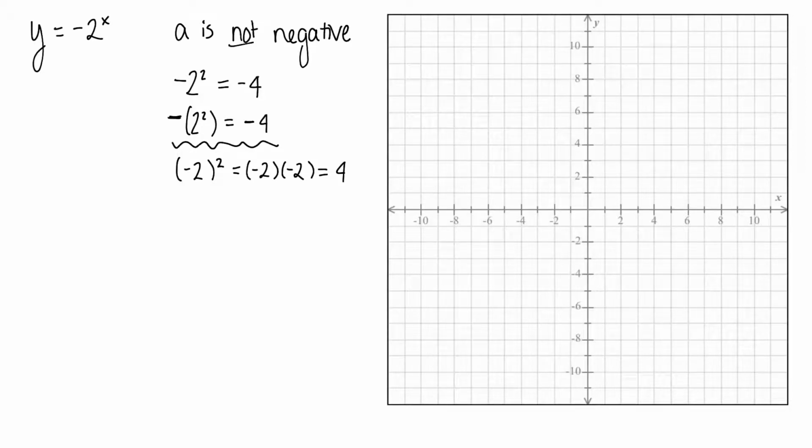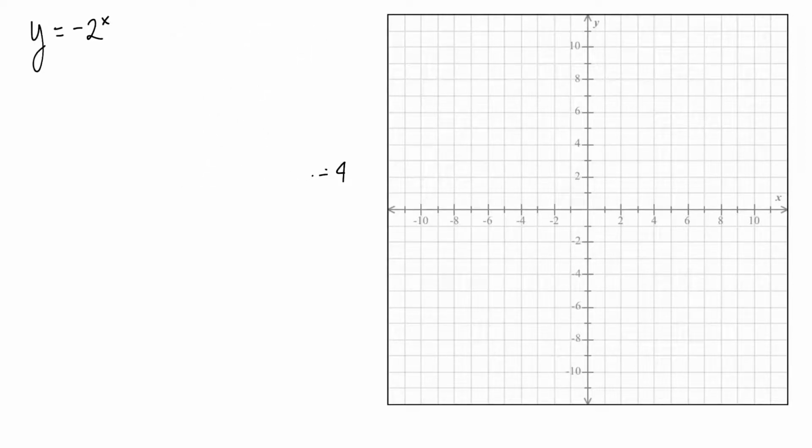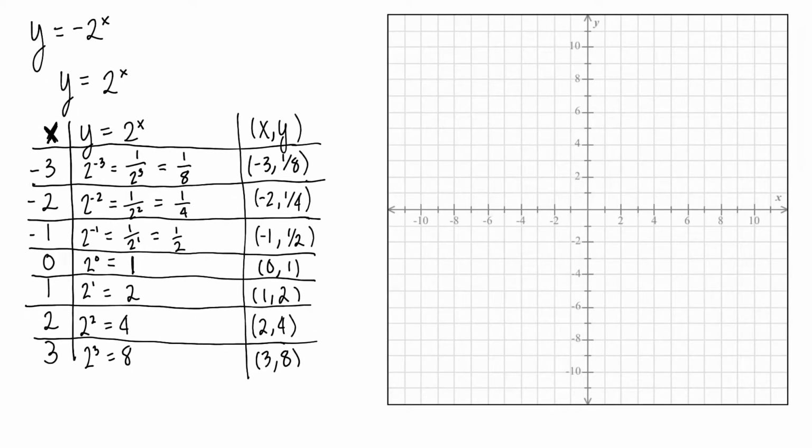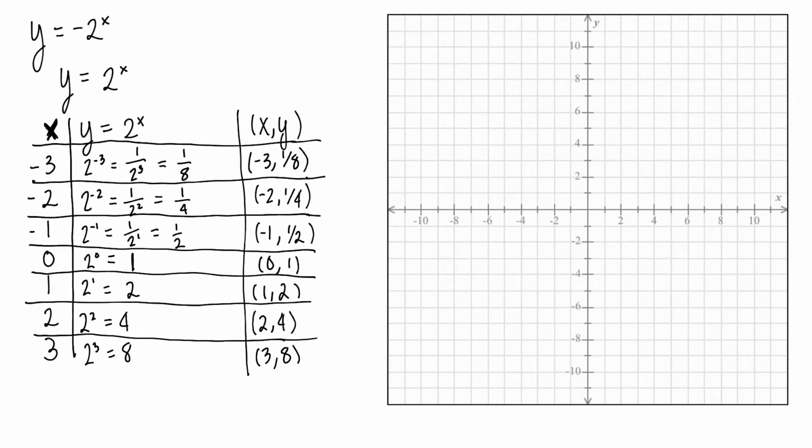So I am going to go ahead and erase this for a sec. And I went to the previous slide where we had 2 to the x, and I took this table and I'm going to plop it down right here. Now, the difference we're going to have here is that there's going to be a negative here. So the number in the very end will be negative.